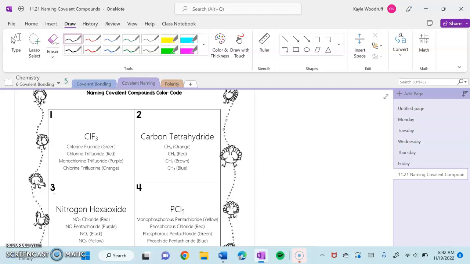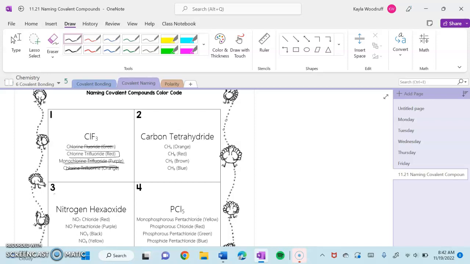So Cl, there's only one of them, but we don't use mono on the first element, so that's just chlorine. So that takes this one out of the play. And then we have 3, that's tri, so I don't see that there, that one's out. And then we have trifluorine and trifluoride. The ending of the second one needs to be changed to ide, so that would be chlorine trifluoride.